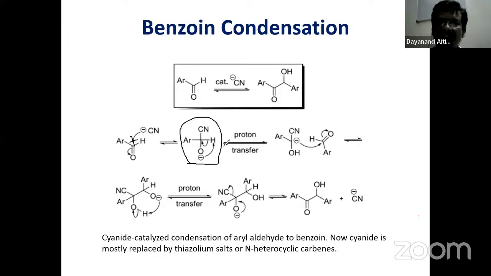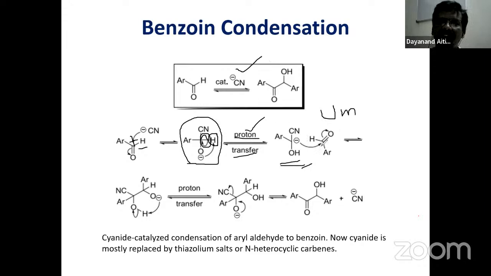And later on, hydride transfer is taking place. Okay, it is not hydride transfer, it is proton transfer that takes place. Why? Because it is leaving these electrons here itself, and it is forming a negative charge nucleophile. Here, positive charge is converted into negative charge nucleophile. Cyanide is a nucleophile.